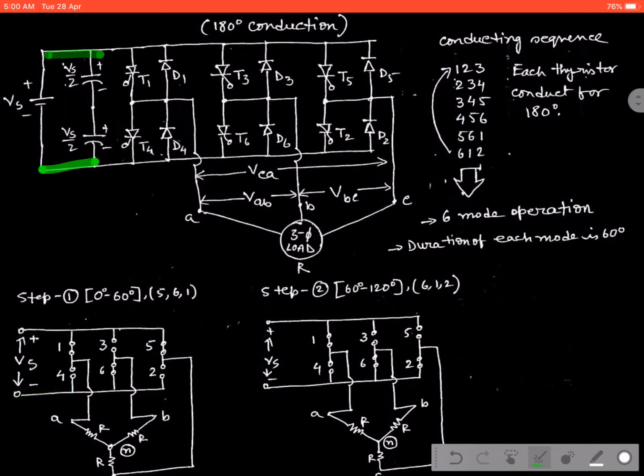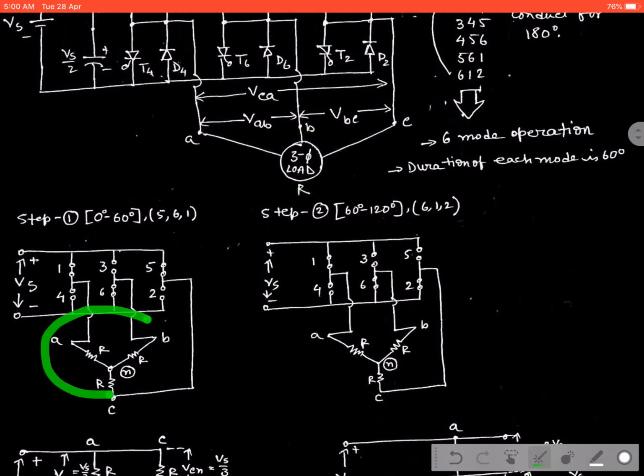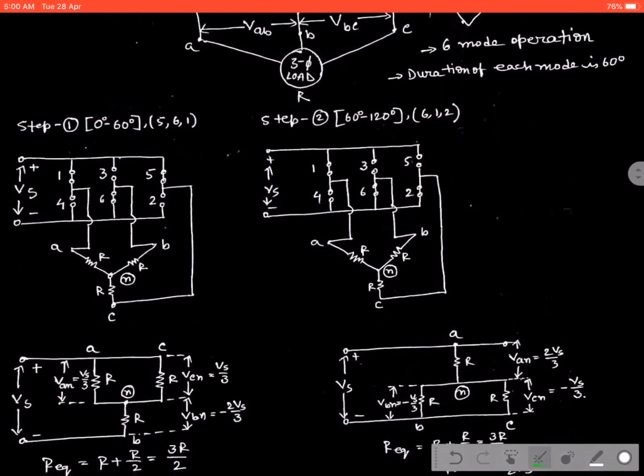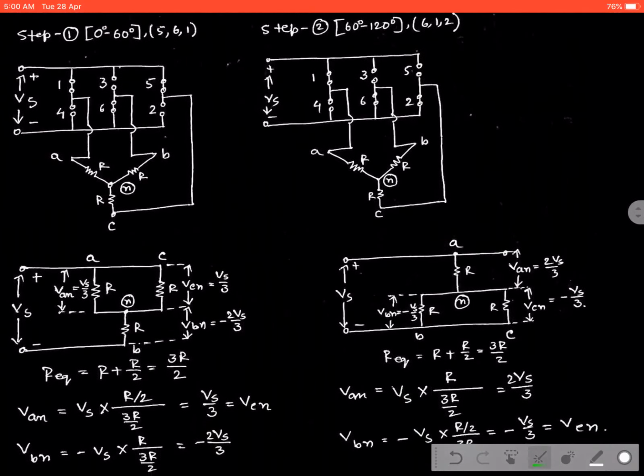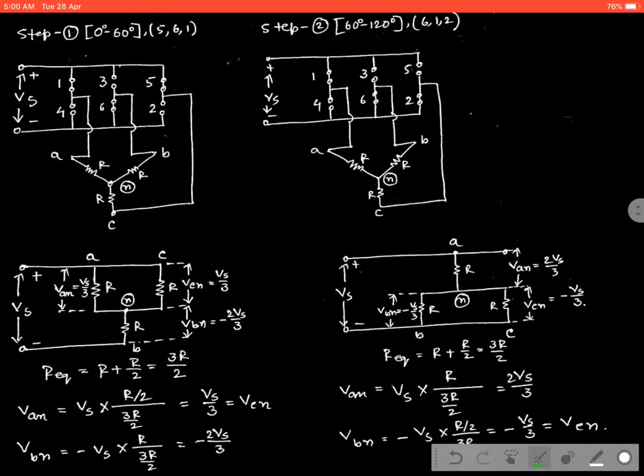A star connected three-phase load is there, and similarly the star connected three-phase load is there. That means we can say both circuits are actually the same, but for the switching triggering pulse, the behavior of the circuit changes, due to which we have taken this type of equivalent circuits for the 4-mode operation.